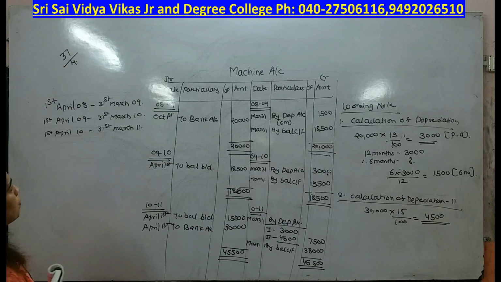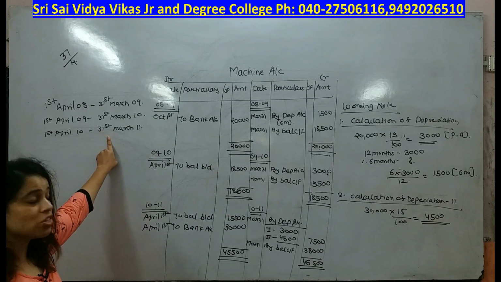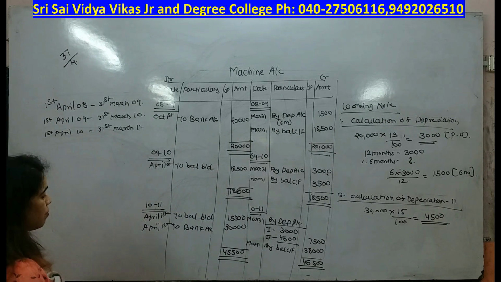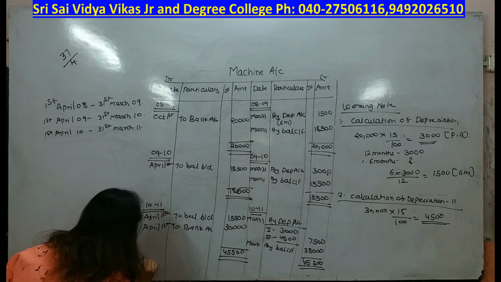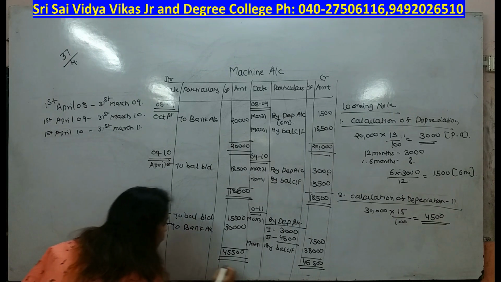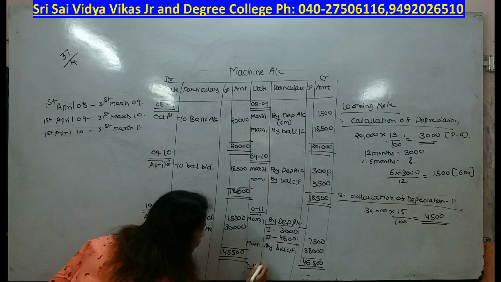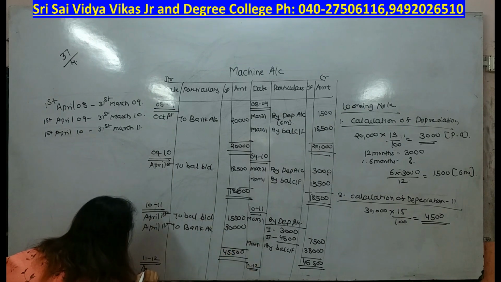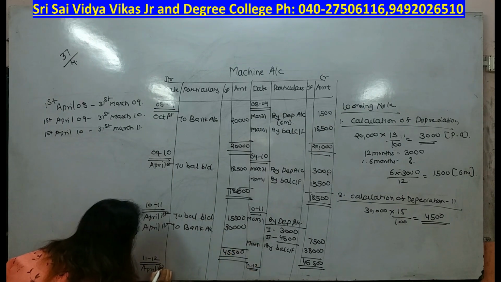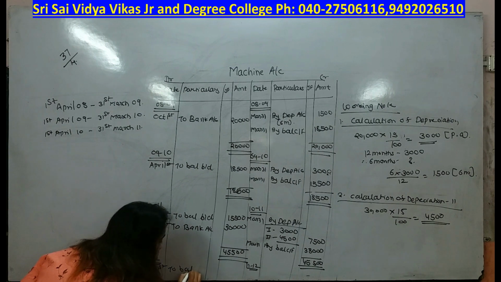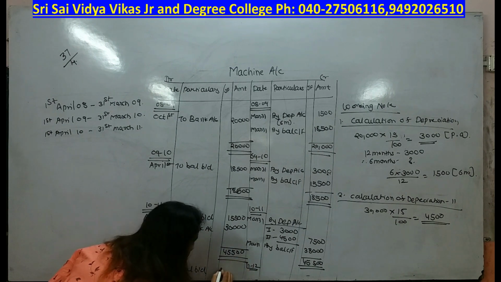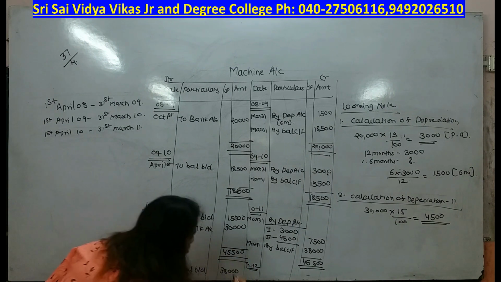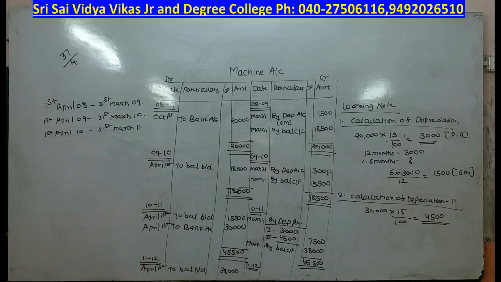They have asked us to prepare the machine account only up to 31st March 2011, but we will do just the beginning of next year. Next year will be 2011-12. Last year's closing balance will become this year's opening balance. Balance brought down will be 38,000. This was problem number 4.